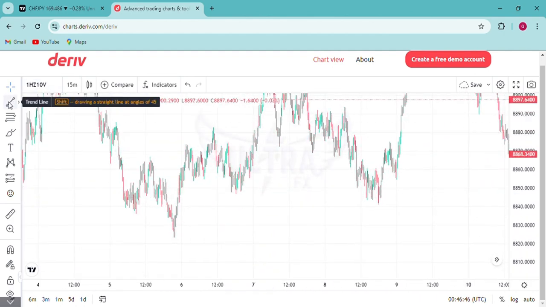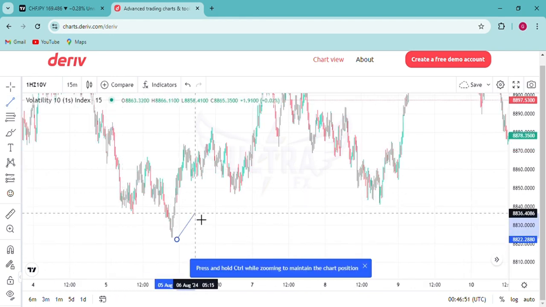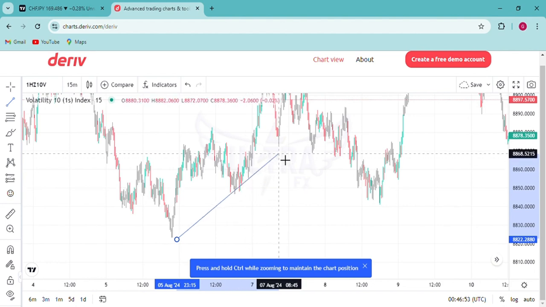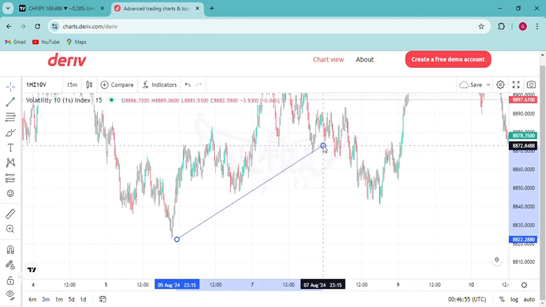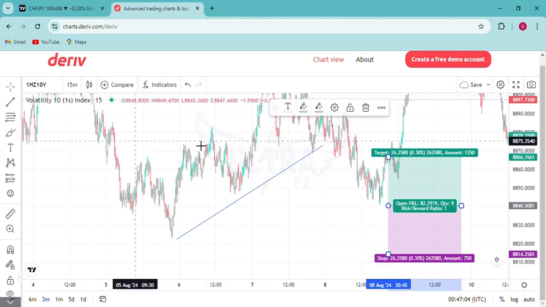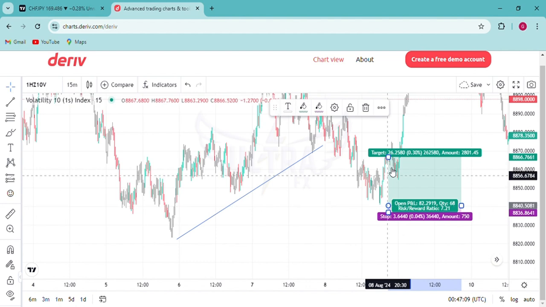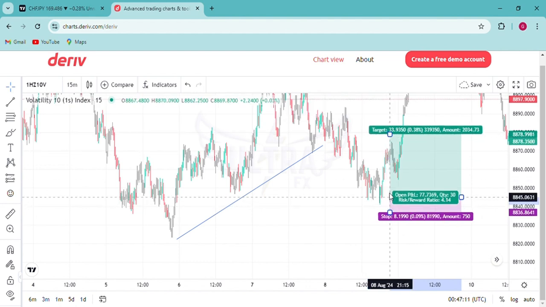So this is derivative, and this is where you can search. You can also use tools like the ones on our TradingView. For trend traders, you can just drag it like this. We have our long position, you can just drag it like so.